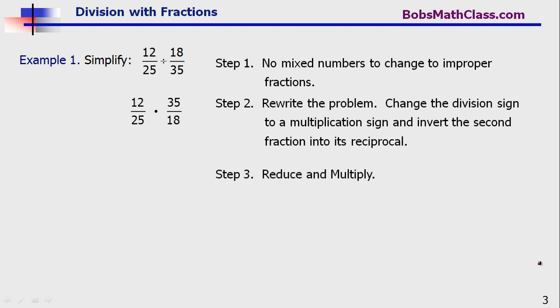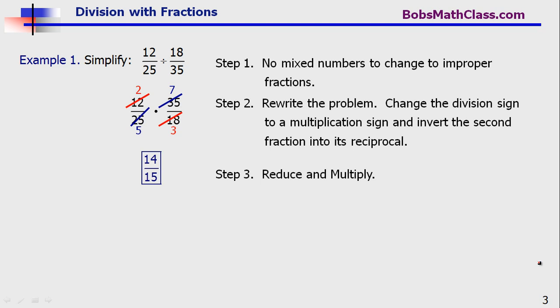Okay, now we can do some reducing. Let's see, we can reduce the 12 and 18 by 6, and the 25 and 35 by 5. So 6 goes into 12 twice, 6 goes into 18 3 times, and then 5 goes into 25 5 times, 5 goes into 35 7 times, and now we can multiply straight across.